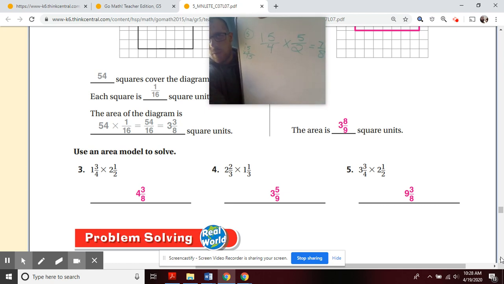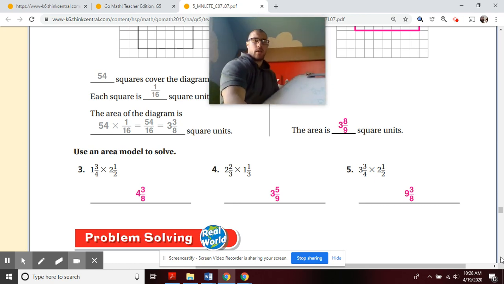Knowing your times tables will help you a lot, because when we have our 75 divided by 8, I know that 8 times 9 is 72, with the remainder of 3 over 8. Once again, if you need to do long division, that is okay.